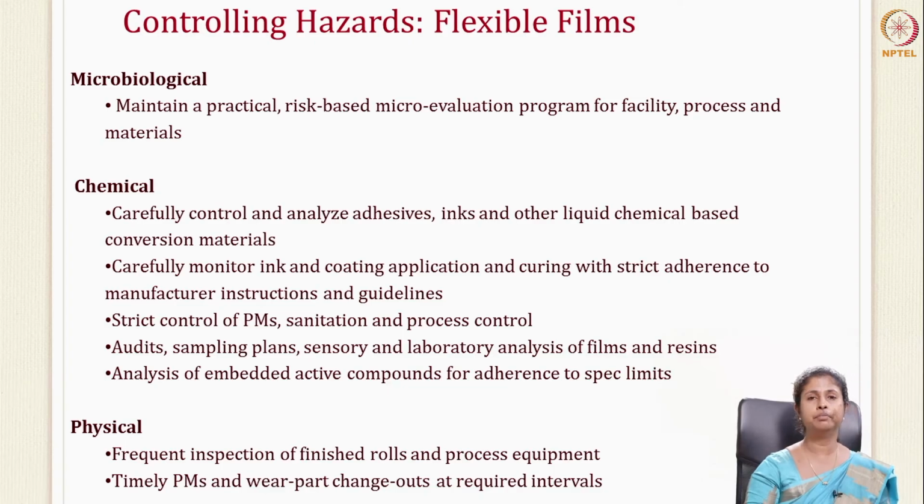Audits are again very important, like in all the other cases, and you need to have a sampling plan. Sensory and laboratory analysis of these films have to be done. For the physical hazards in flexible films, you need to have regular inspection of the rolls and also have a timely change of the different parts of the equipment so that these will not enter into the product.